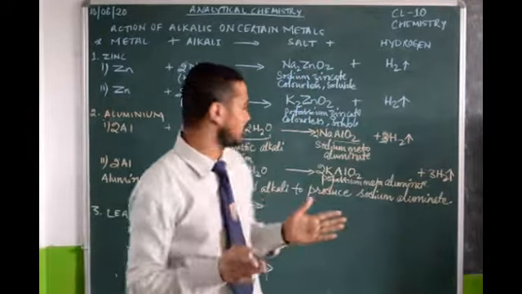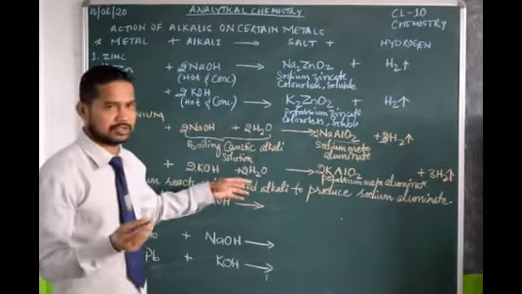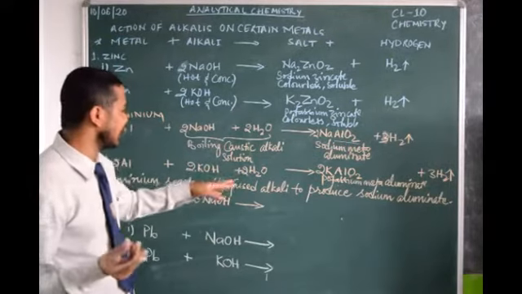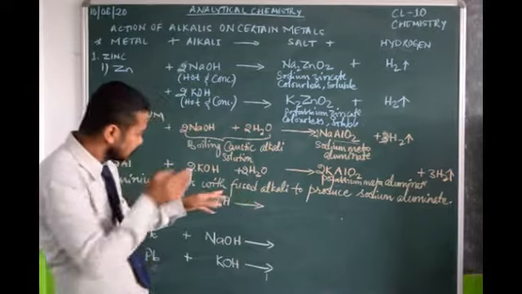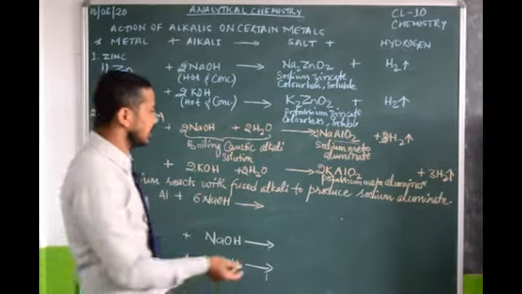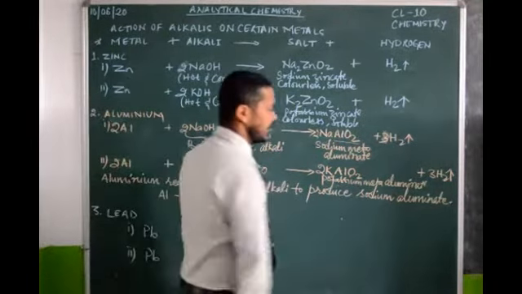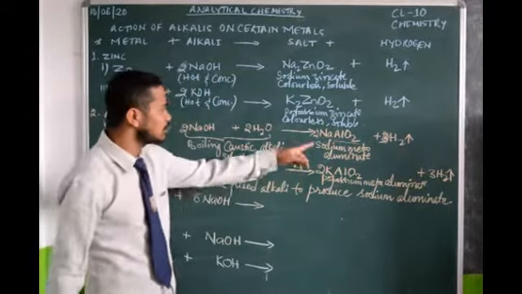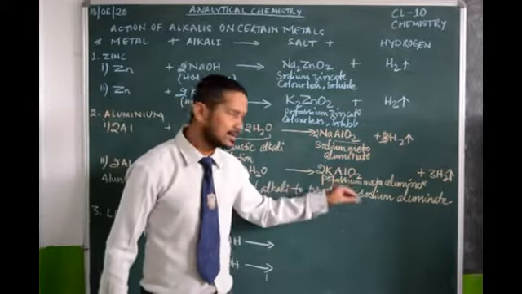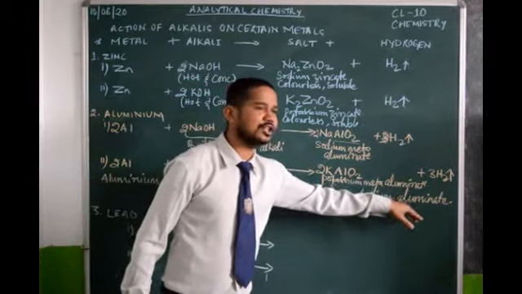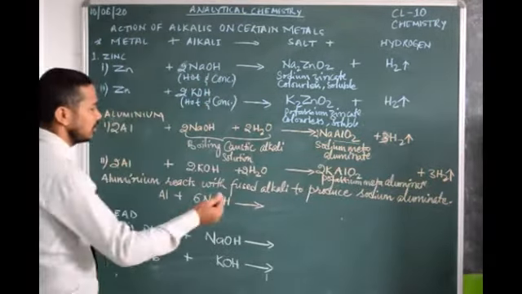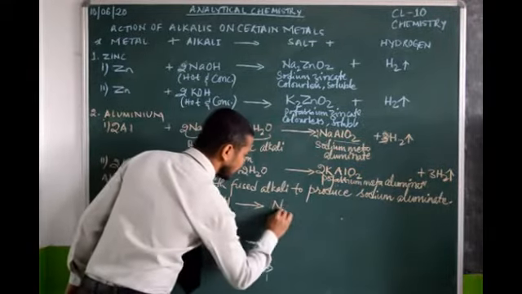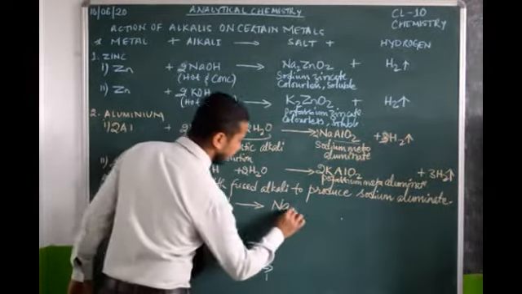Fusion means to melt. So with hot fused alkali, it does not give sodium meta-aluminate, it directly gives sodium aluminate. So what is sodium aluminate?